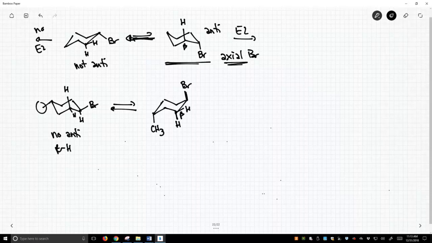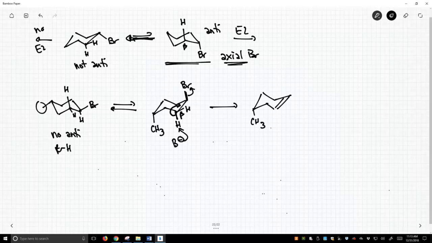So that's a beta hydrogen. And so now our base can find an anti beta hydrogen, and we can kick out our leaving group. And that'll lead to our expected product. Now I'm going to just draw it with an alkene in there. Okay, bam.